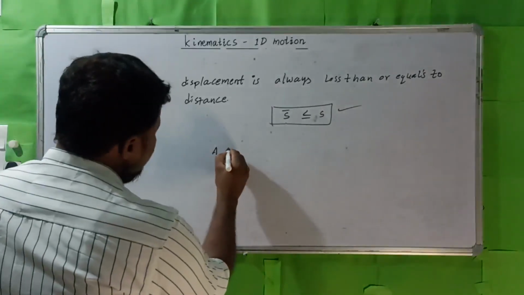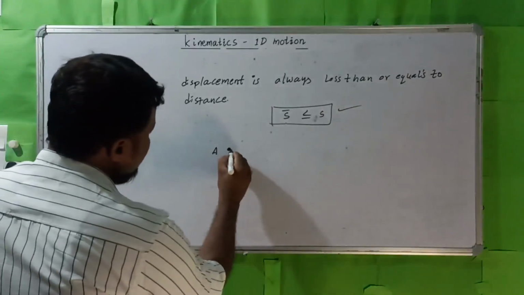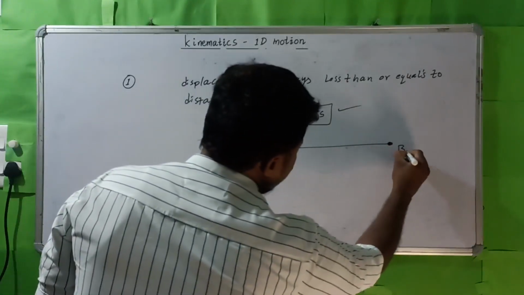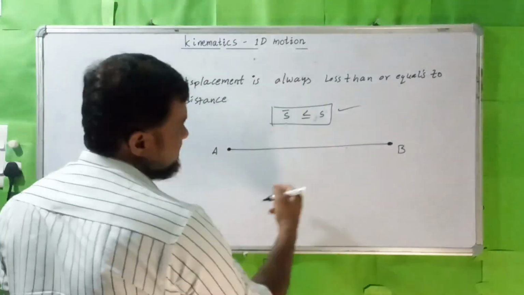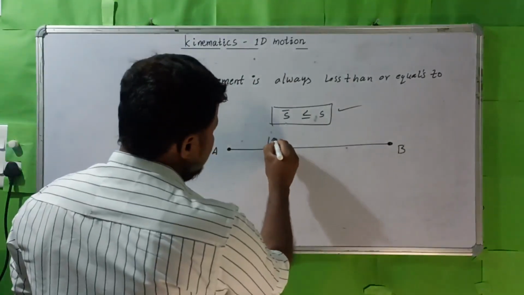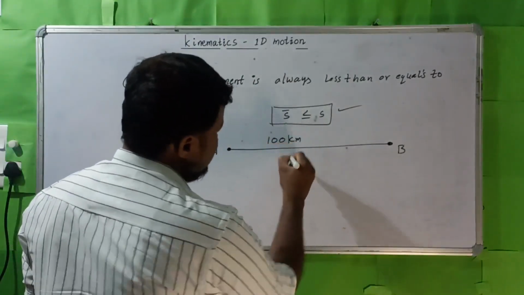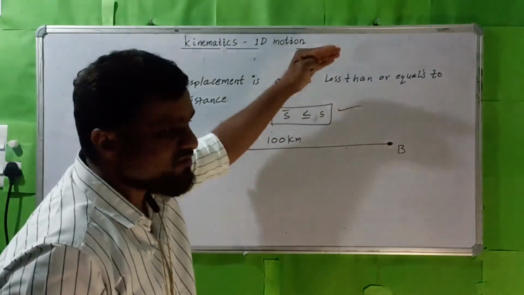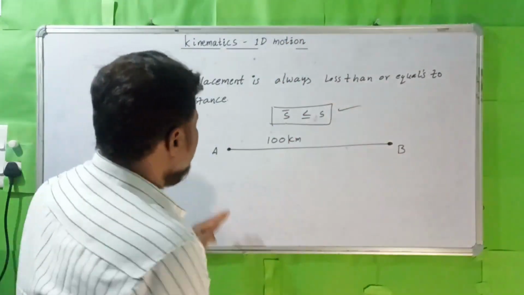Suppose a particle started at point A and traveled to point B, say 100 km distance, A to B. As it is a straight path, we are discussing 1D motion.